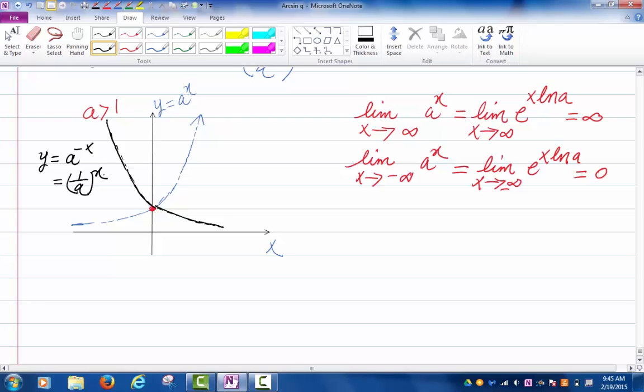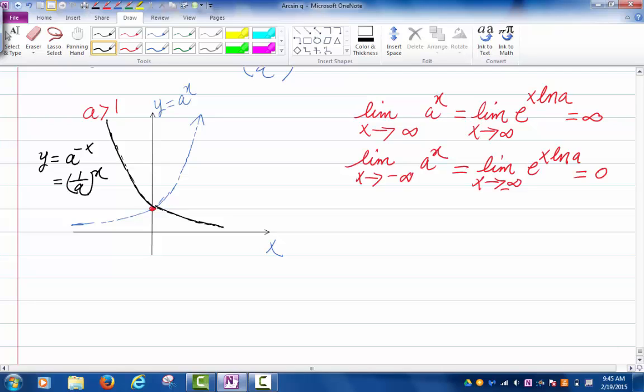In our picture, a is bigger than 1, so 1 over a is smaller than 1. So when the base is between 0 and 1, the graph is concave up but decreasing. You remember that? So exactly the black curve.